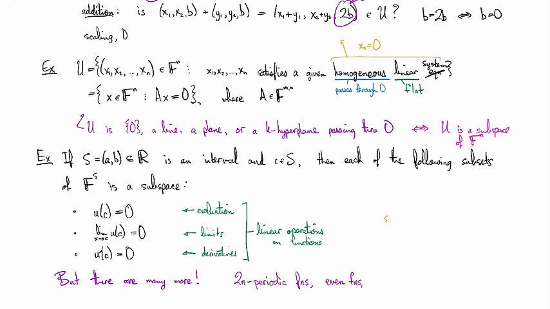Instead of just saying functions which are 0 or have derivative 0 or limit 0 at a point, you could change that to functions which vanish on some little epsilon disk around c, or some other set that you might like, as long as limits and derivatives are defined on it.